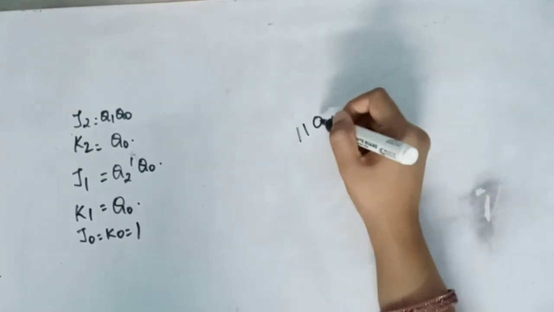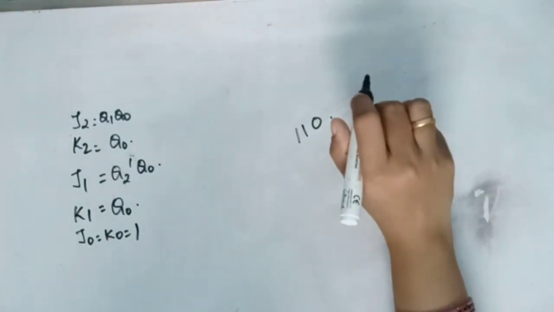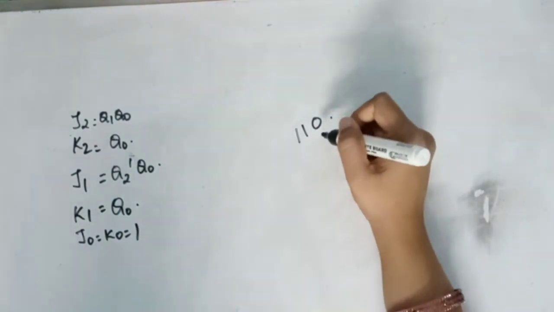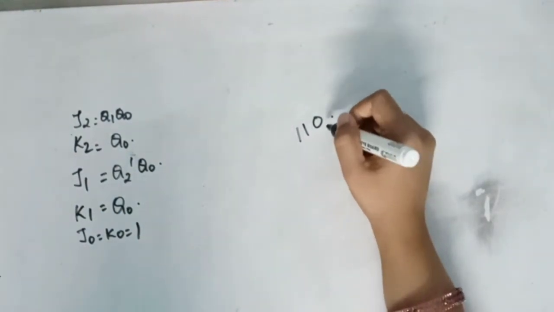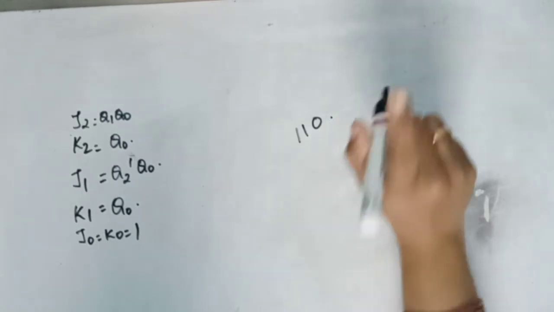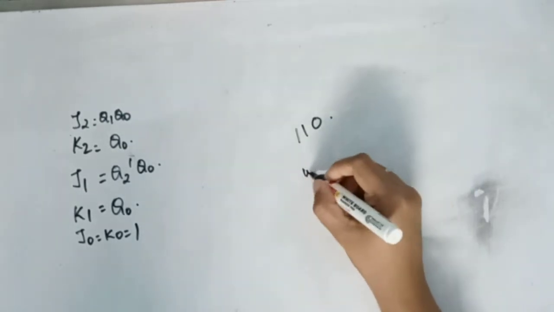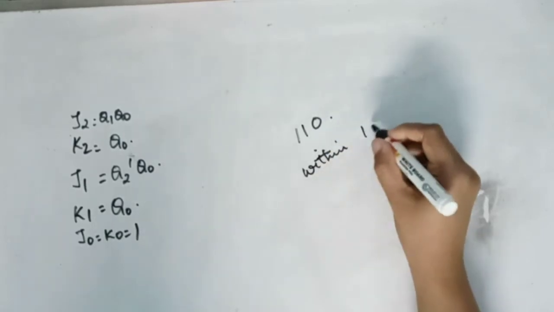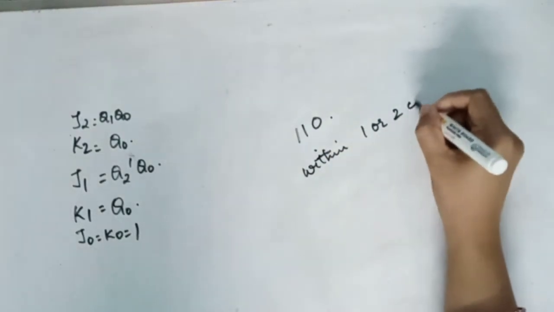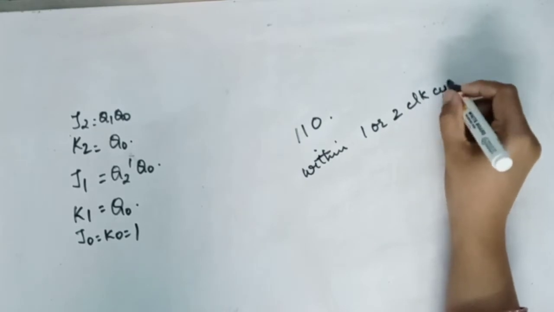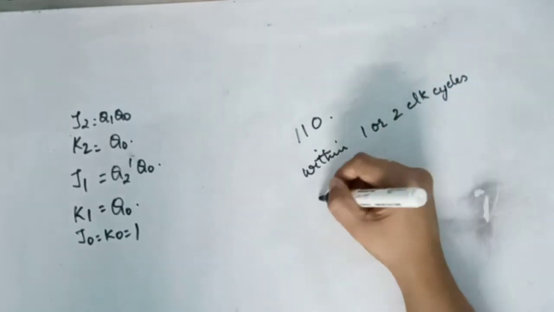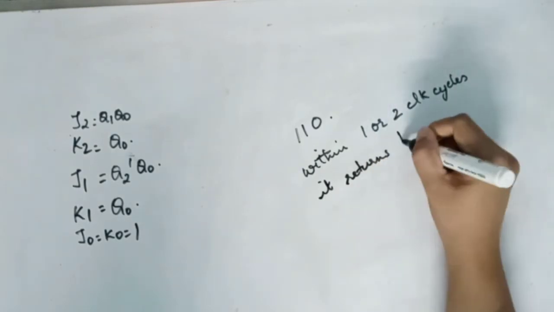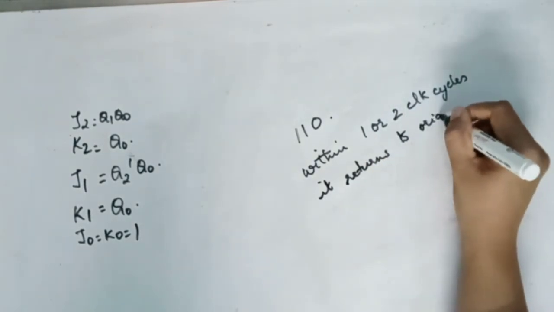If 6 comes in, that is wrong, right? But even if that 6 comes in, it's okay if within 1 or 2 clock cycles, it returns to the original cycle.